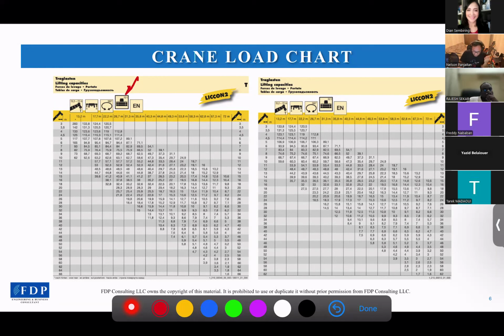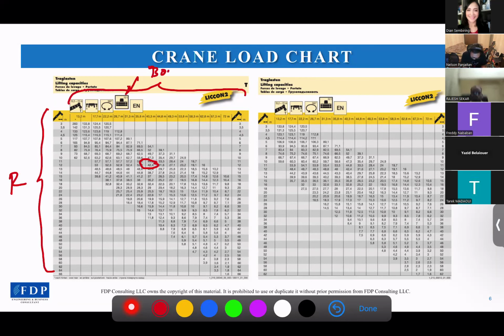From the crane table, we will get the capacity of this crane, which is 42.4 here. So this is the radius here, this is the radius, and then this is the boom length.